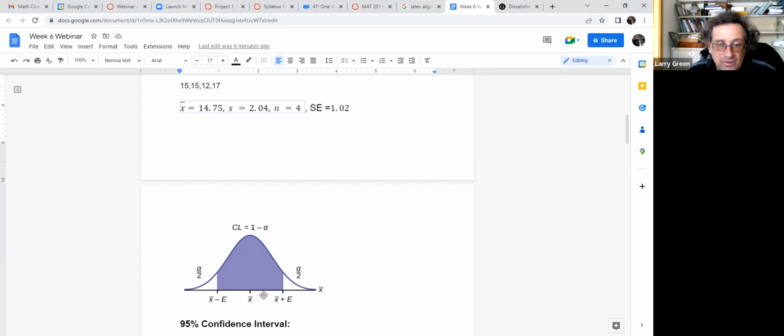So if I go left and right by that margin of error, and I draw that under the normal distribution, then I can say that the area under this curve, which is the probability of being within the margin of error, I can say I'm that percent confident that this population mean is within the margin of error, is between X bar minus E and X bar plus E.